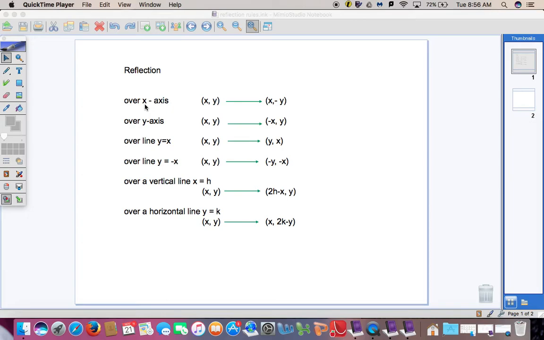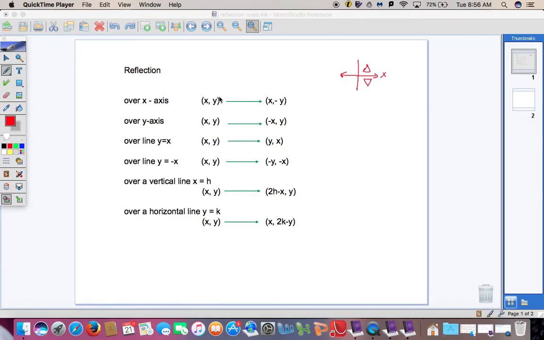If we're reflecting something over the x-axis, we've got this coordinate plane. And if we're reflecting something over the x-axis, it would be this axis right here. So our values that are changing would be the y values.